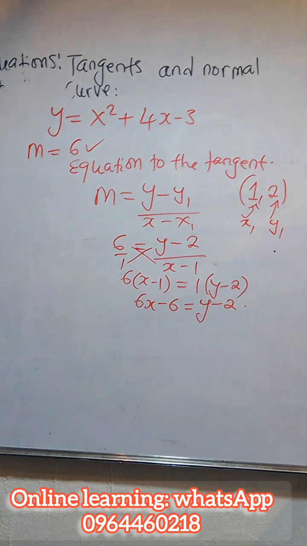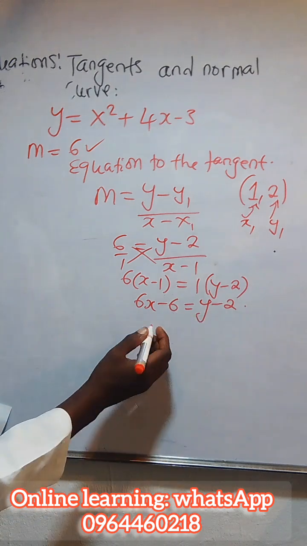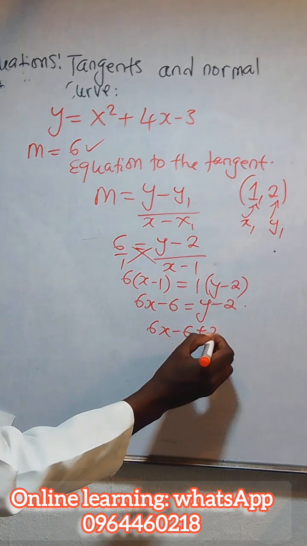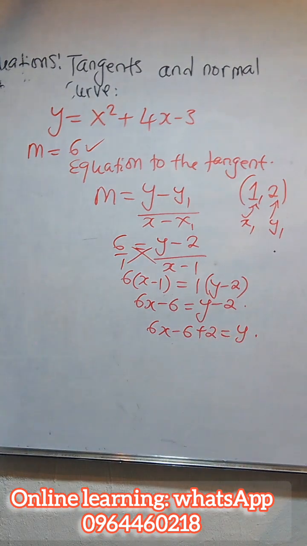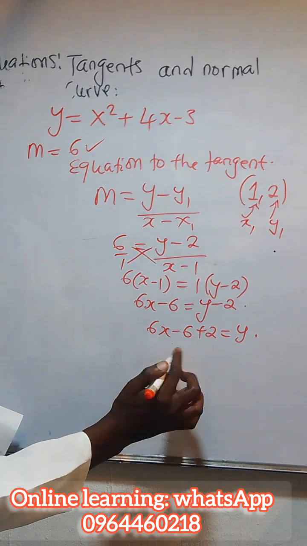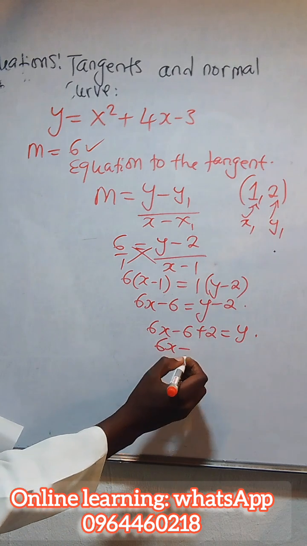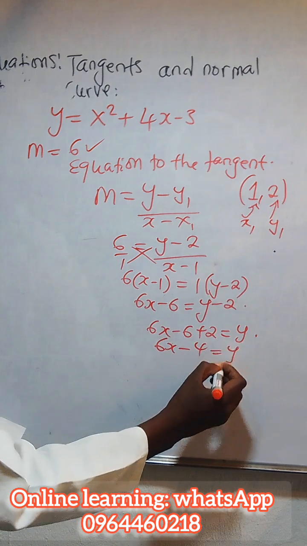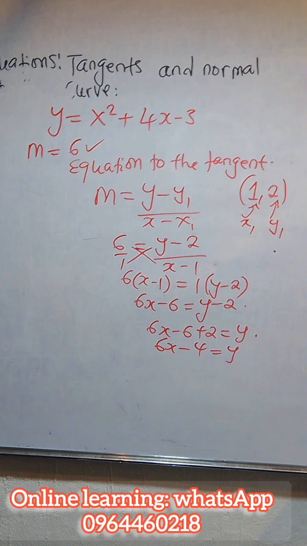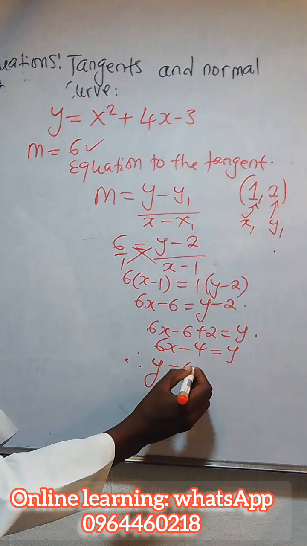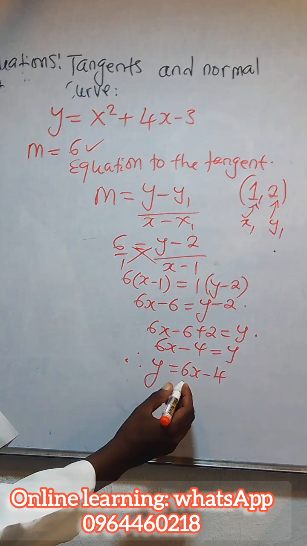Now we make y the subject, so this is going to be 6x minus 6 plus 2 equals y. From there we know that these are like terms, so 6x minus 4 equals y. Therefore, y equals 6x minus 4.